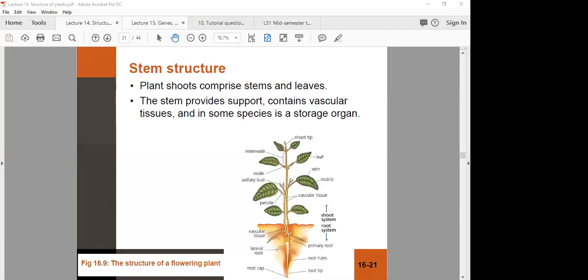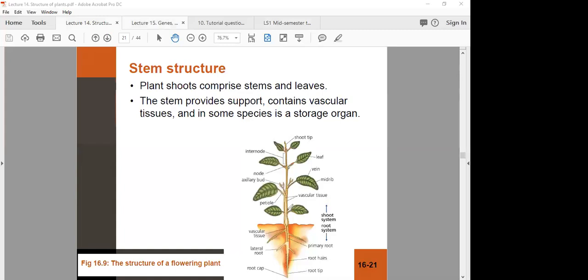So this is a central bundle of vascular tissue that runs up through the centre of each root. And that vascular bundle contains both cells of the xylem and cells of the phloem, all clustered together, runs up here until it gets to the base of the shoot system, and then it starts to branch off, as you can see.